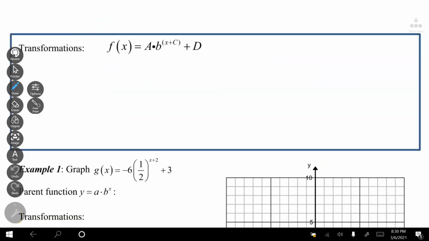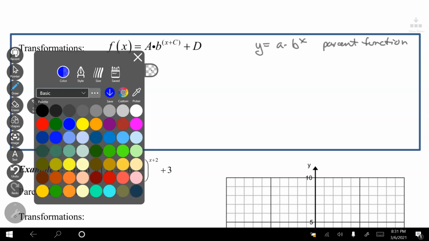So I'm going to look at my letters of my transformations, the capital A, the capital C, and the capital D. We're not going to do capital B. But I'm always going to look at y equals a times b to the x as my parent function. This is my basis, what we just did on the other page. This is what I'm going to try to graph first. So let's see.